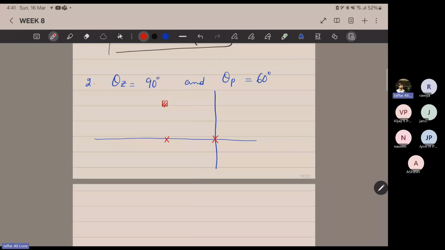So we have this desired pole here. If theta z is 90, it means this zero will be placed here. And this theta p is 60, means this pole will be here, 0 will be here. This is 60 degree and this is 90 degree.